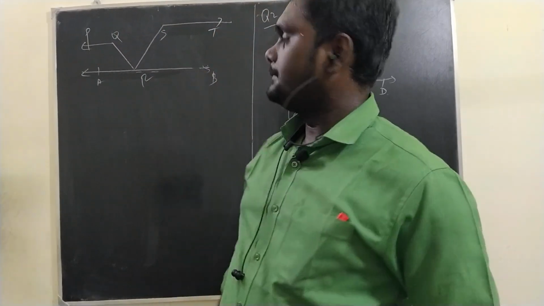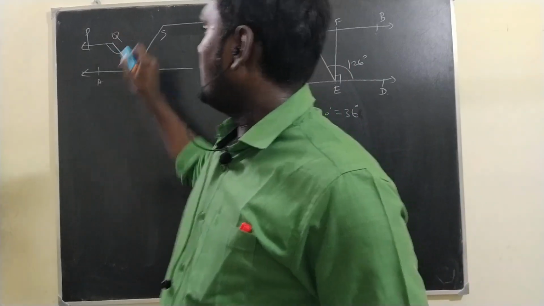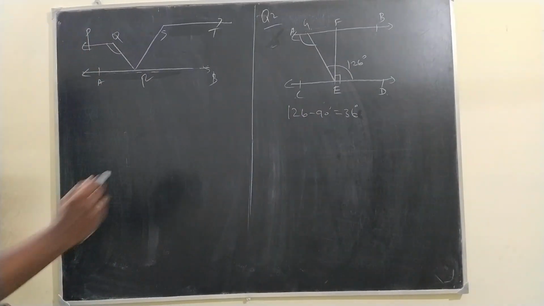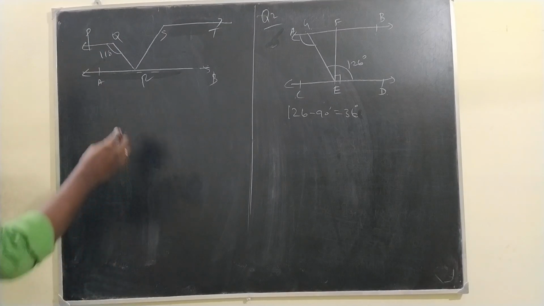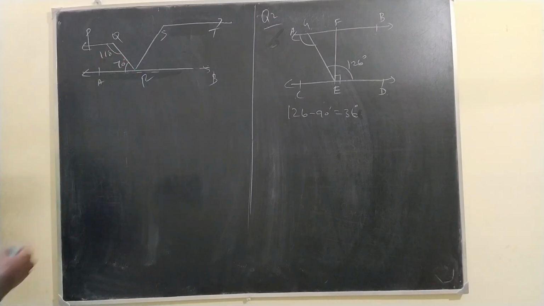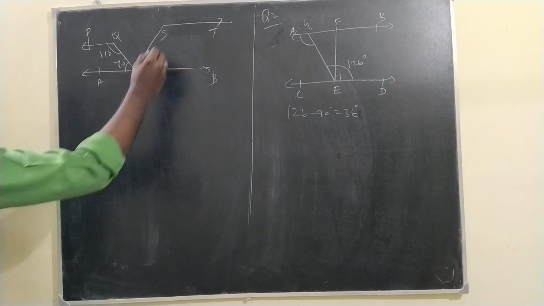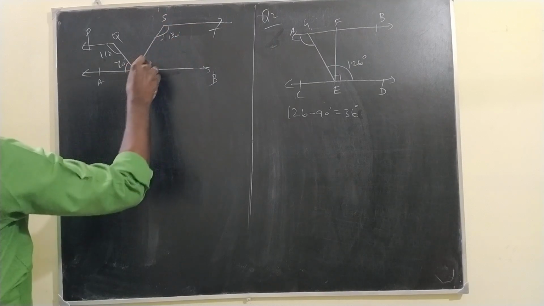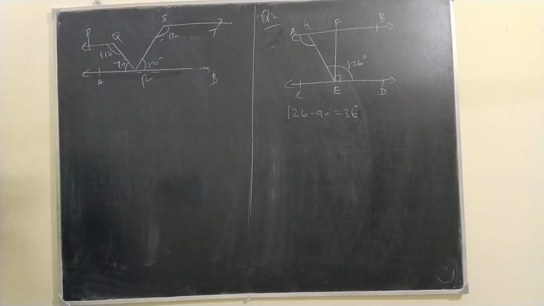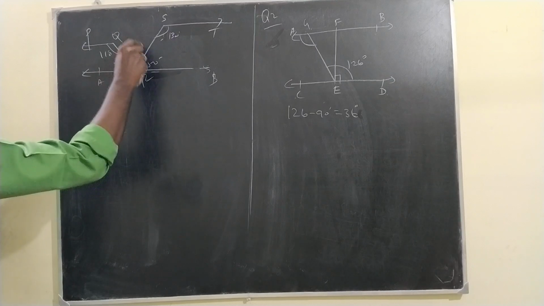PQRST, right? And then here 110 degrees. Here 70 degrees. Here 130 degrees. Then here, and then you apply the linear pair. That's all.